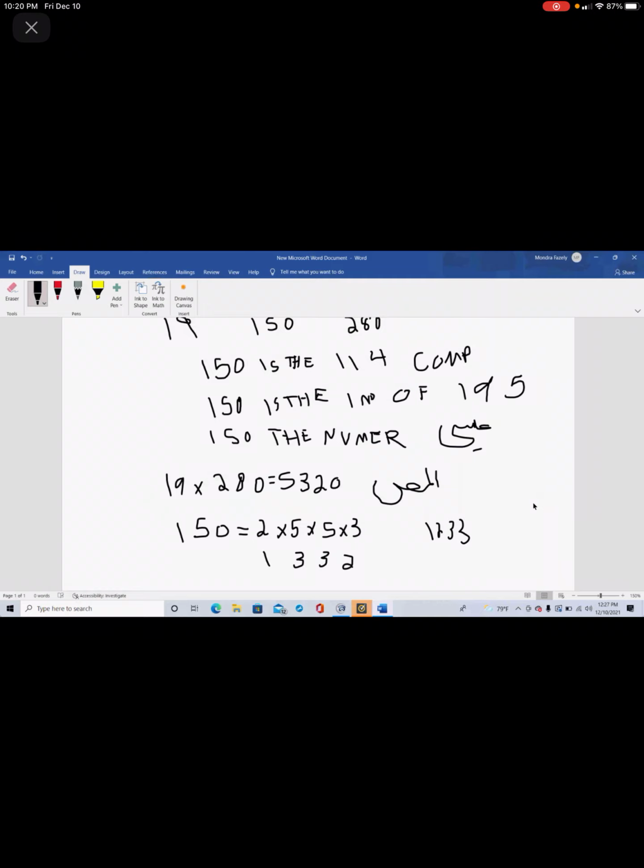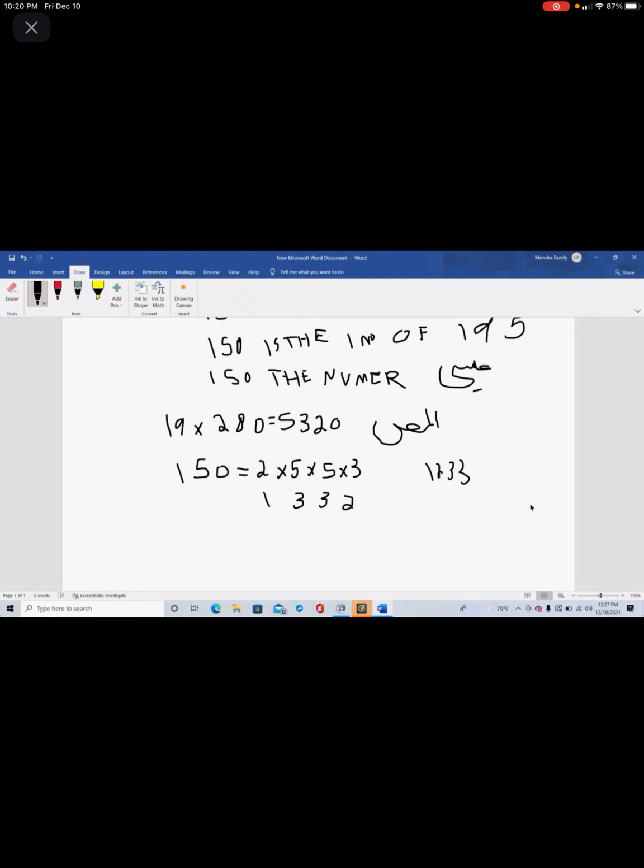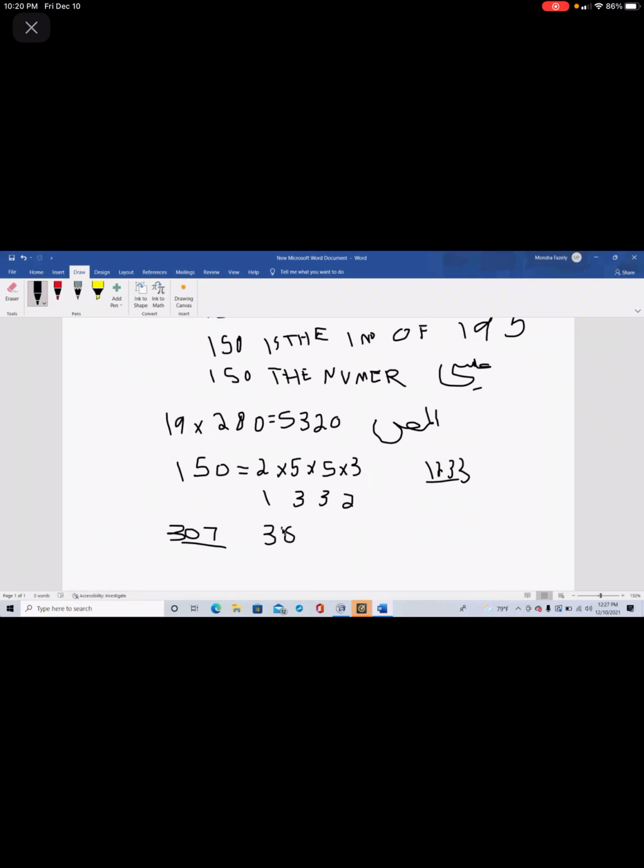Okay. This number happens to be a triprime, and it happens to be the 307th triprime. Okay. This number here is the 307th triprime, but the 307th composite is 384.